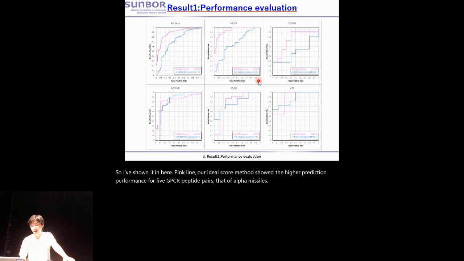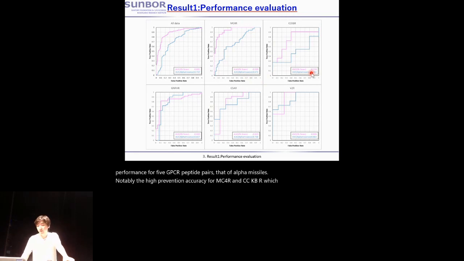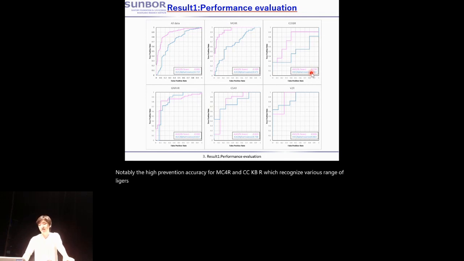Notably, the high prediction accuracy for MC4R and CCKBR, which recognize a various range of ligands, suggests that the ideal score can accurately predict important residues for different peptide structures.